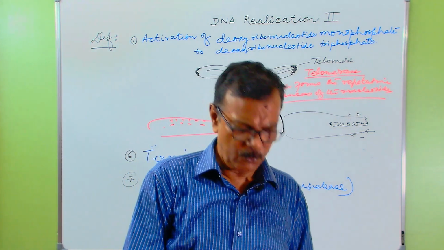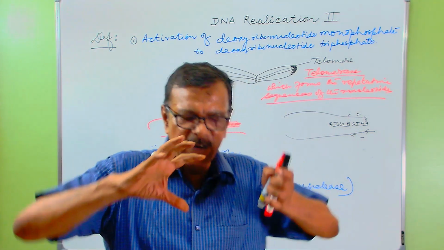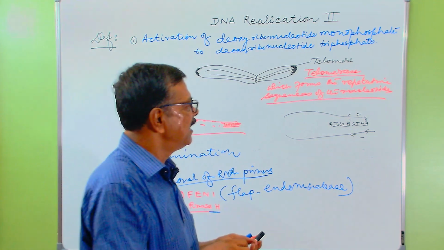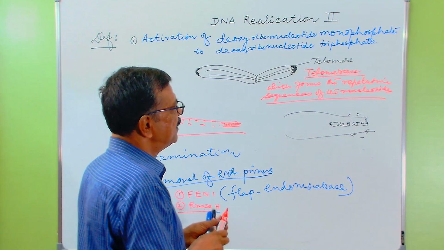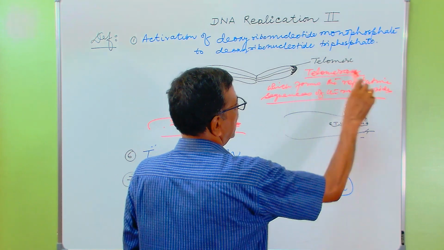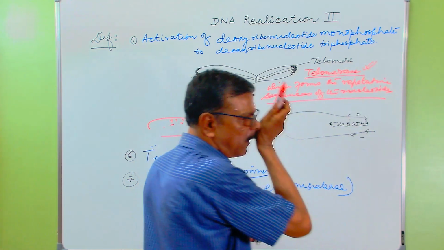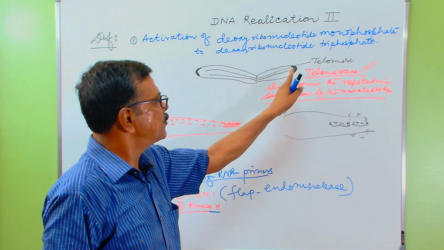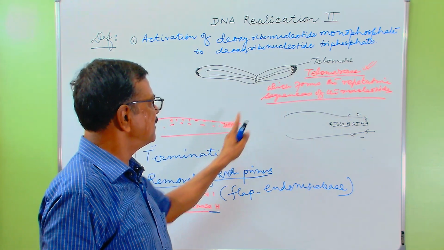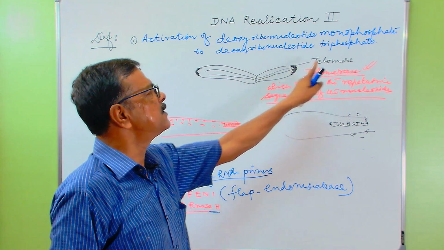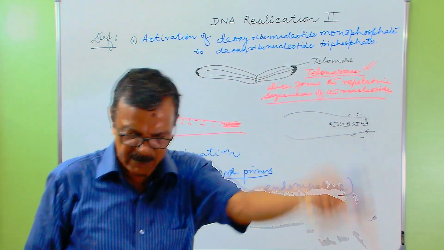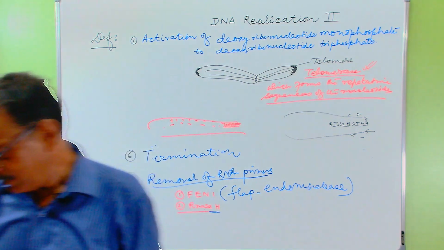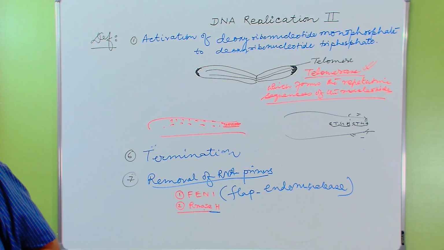That machine cannot do such fine work. So a superfine machine is required. That superfine enzyme is known as telomerase. So telomerase has come to make the repetitive DNA sequence of the telomere of the chromosome.